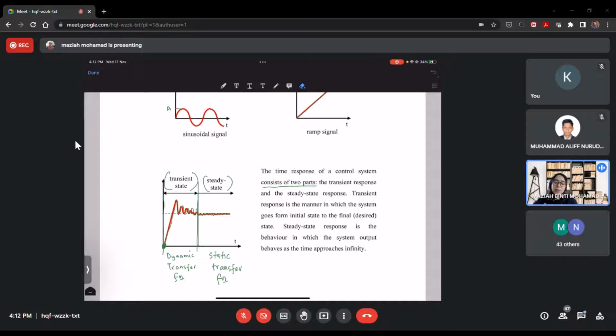So the purpose of the time response analysis is to derive the equation that is able to explain the behavior of the output when the time is increasing. As the time increases, the behavior of the output is changing. This behavior, this curve, this graph, will be explained by an equation that we call the time response equation.